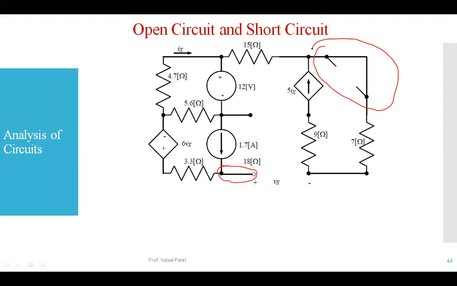Because all the current is flowing through the short circuit wire only. So that means there is no requirement of the 22 ohm resistance now. So that's why we open circuited it, right?